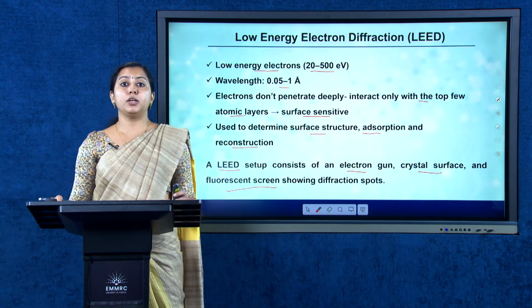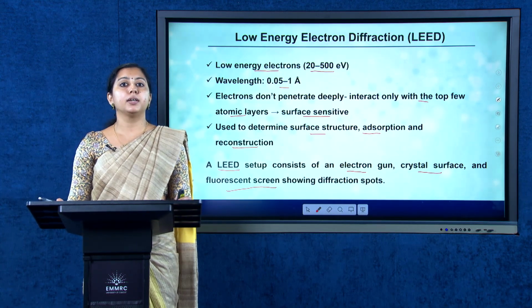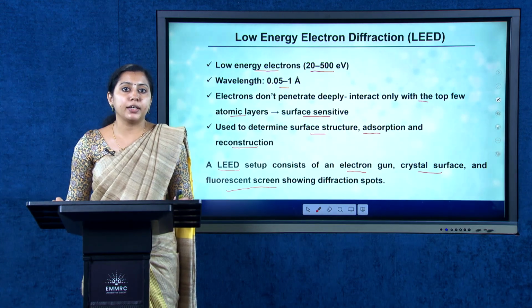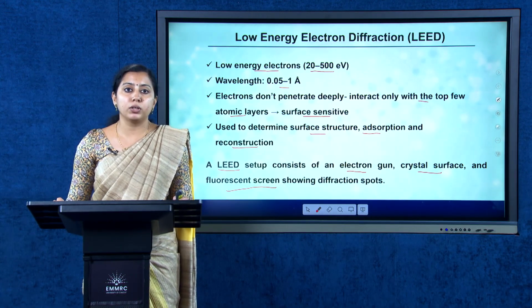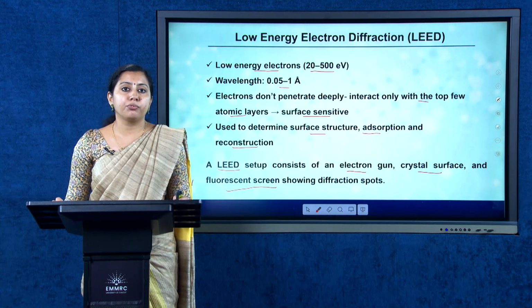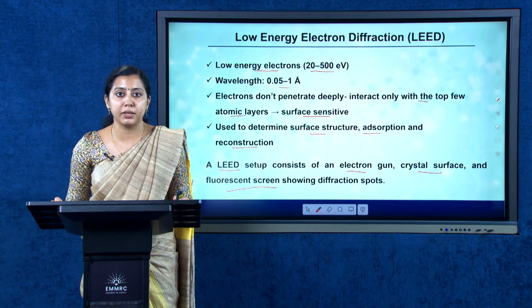So, this is about the low energy electron diffraction technique, in which low energy electrons of generally 20 to 500 electron volts are used, with wavelength ranging from 0.05 to 1 angstrom, which is comparable to the spacing between the atomic planes.